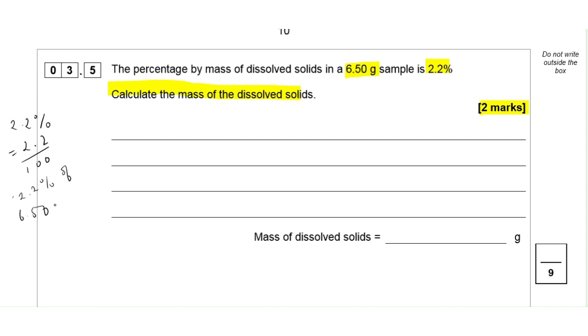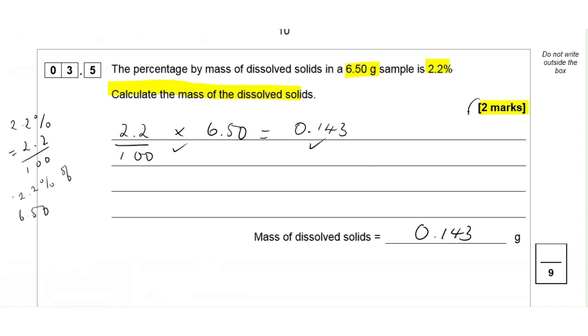Of in maths means times, so we need to multiply 2.2% by 6.5. In other words, 2.2 divided by 100 times 6.5, and if you crunch that in your calculator, you get 0.143 grams. 1 mark for the fraction, 1 mark for the actual answer.